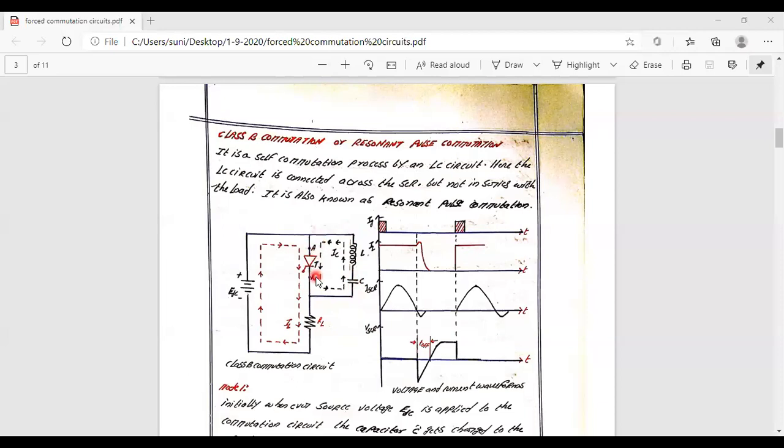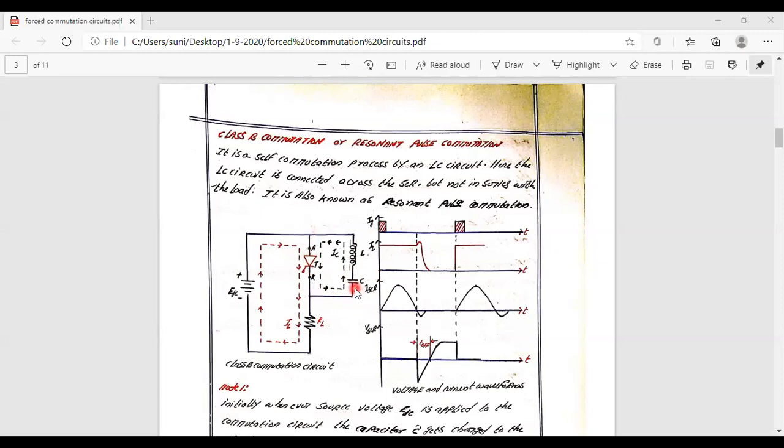Whenever the capacitor current equals the load current value, the resultant current flowing through the device becomes less than the holding current, so the device is turned off.